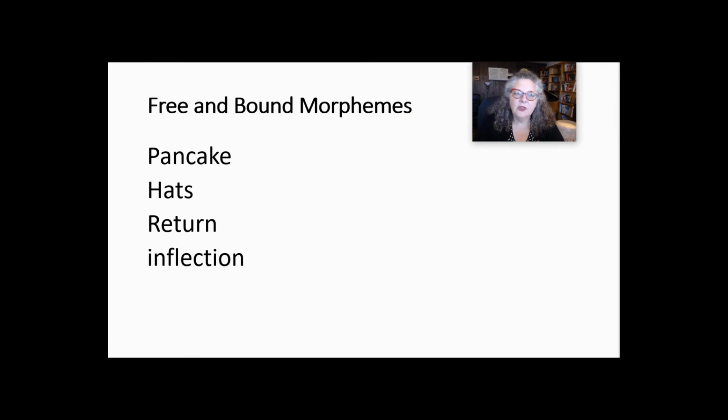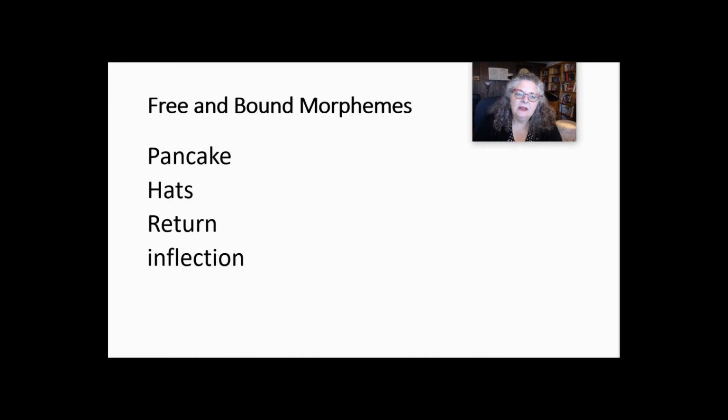Now, the other way we can talk about chunks of words is by describing them as free or bound. Now, a morpheme is a meaningful chunk of a word. So when you add an s to the end of a word like dog, it's a meaningful chunk. It's not a whole word in itself, right, when you add the s to dog, but it does communicate some meaning. It's not just a sound when it's added to the end of the word. Dog becomes dogs, which means more than one.